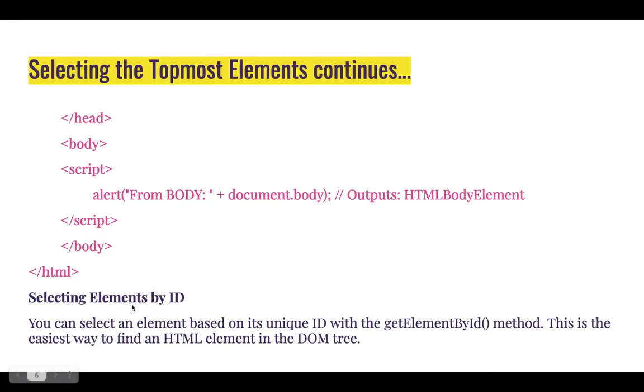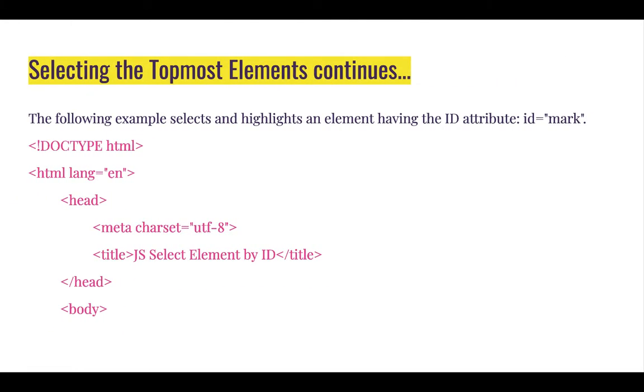Selecting elements by ID. You can also select an element based on its unique ID using the getElementById method. This is the easiest way to find an HTML element in the DOM tree. The following example selects and highlights an element having the ID attribute of mark.